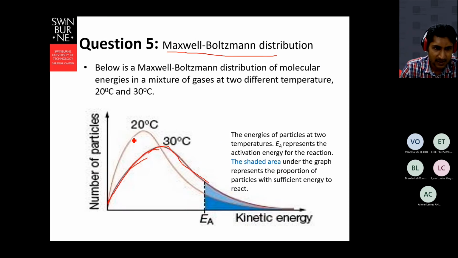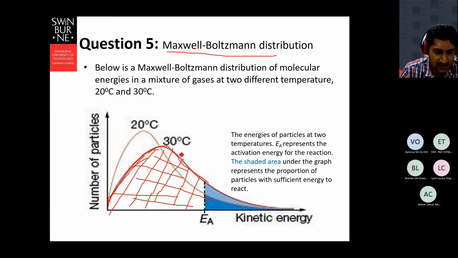So this is under 30 degrees centigrade, and under this curve, anything is the number of particles, the portion of the particles that is under this temperature.